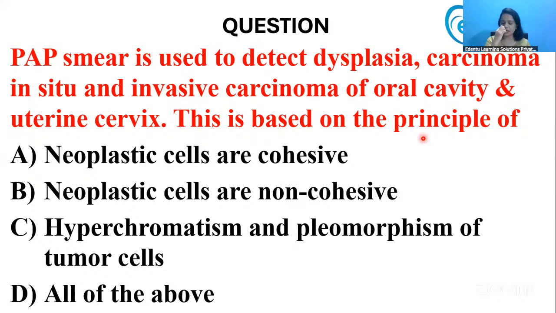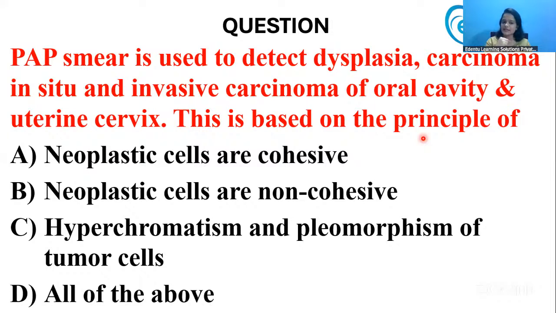Okay, smear it. The main principle behind this Papanicolaou stain is that there will be cells that are not attached. Okay, so in dysplasia, there will be loss of attachment of the cells. Like I had already mentioned in the architectural changes, there will be loss of cohesion between the cells. Okay, so the cells will be free, and when you scrape it, these cells will readily come onto your diagnostic stick.